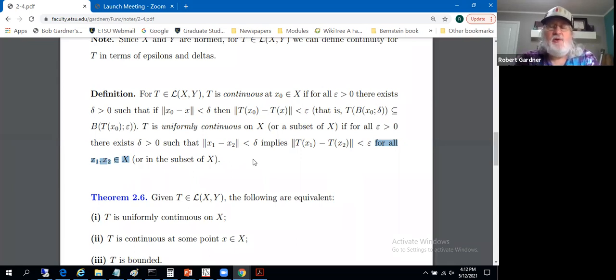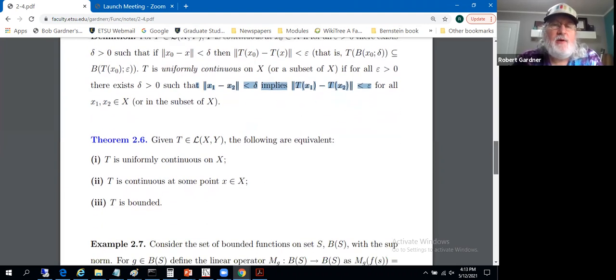So you might say uniform continuity tells us no matter which x1 and x2 I choose, provided they're sufficiently close together, we'll get their output values to be within epsilon of each other. We start with epsilon, then we can pick a delta that'll work uniformly throughout that space for this implication to hold. That's the difference between uniform continuity and continuity at a point, as you see in senior level analysis.